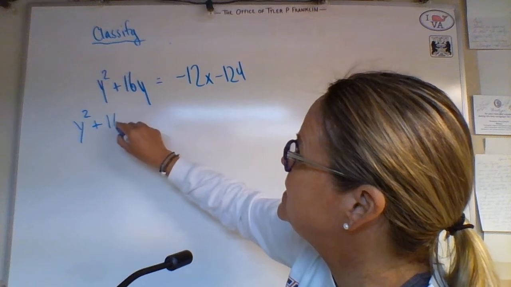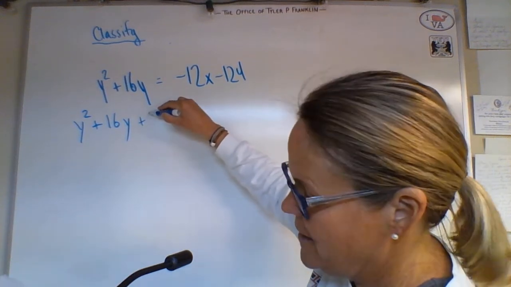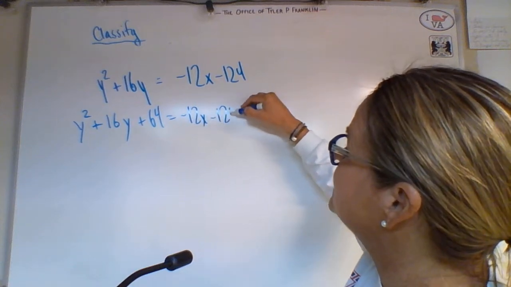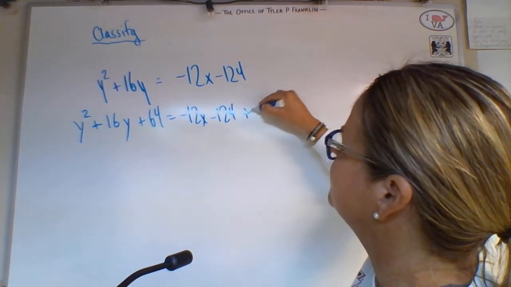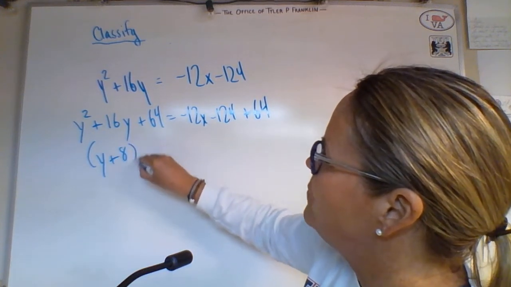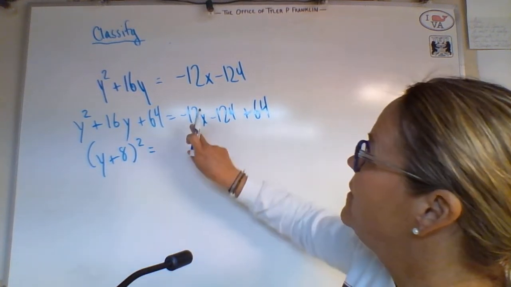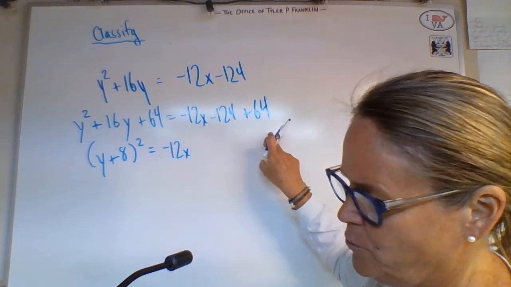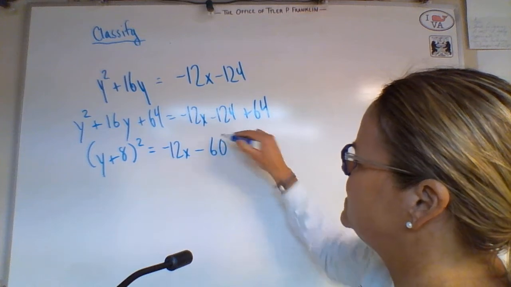Half of 16 is 8. 8 squared is 64. Now, I do have to add that 64 that I added to the left to the right. That then is (y + 8) squared. Put together like terms. -124 plus 64 is -60.